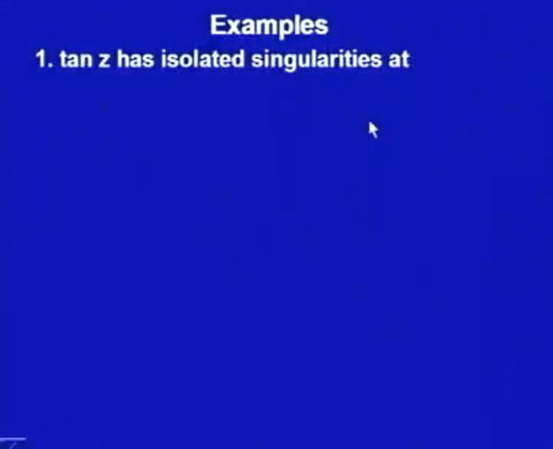For example, tan z has isolated singularities at plus minus pi by 2, plus minus 3 pi by 2 and so on. You see, tan z is not defined at pi by 2 or minus pi by 2 or minus 3 pi by 2 or 3 pi by 2, but is defined and analytic everywhere else.